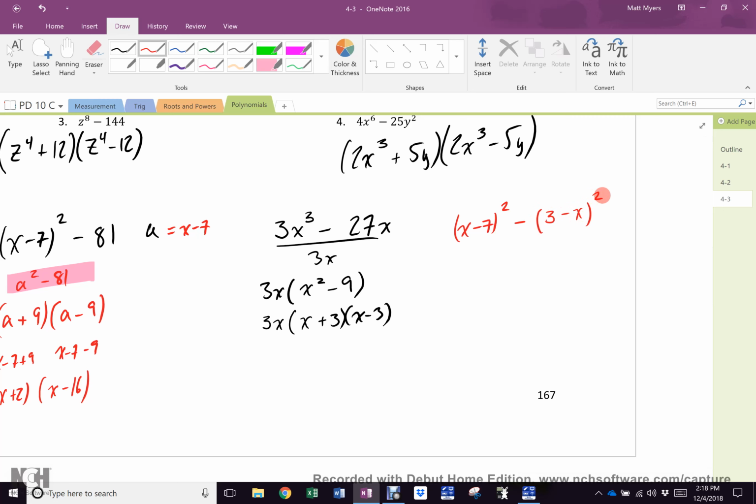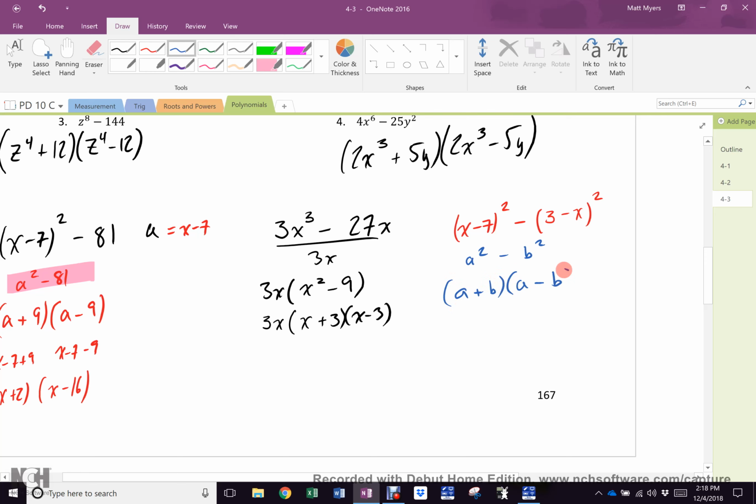What do you all want to do? Expand it, collect the like terms, factor it. Crap ton of work. Have I given you a way to make it easier? What's that? A squared. What's that? B squared. What's the square root of a squared? A plus the square root of b squared. B. Then what?